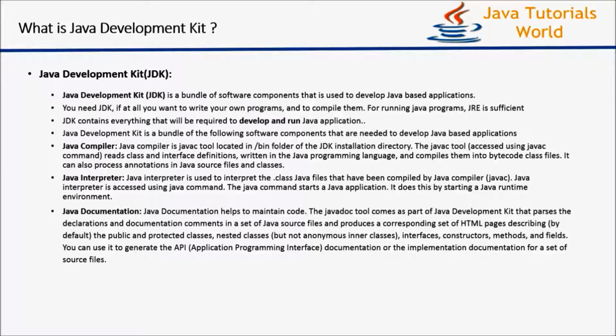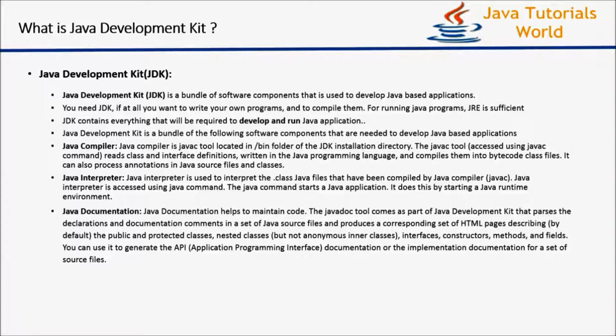The Java compiler is responsible for converting source code into bytecode, that is, converting a .java file into a .class file. It can be accessed by using a command called javac. It is also responsible for processing annotations which are part of the Java source file.